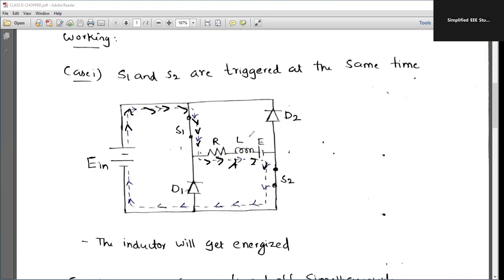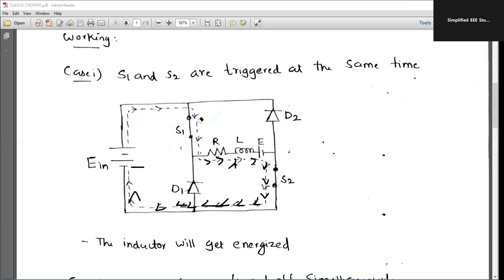So the inductor stores energy, and the inductor current ramps up. It will find a convenient path and move on to the negative end of the supply. Current flow starts from the positive end of the battery or DC supply and terminates at the negative end of the battery. This is how the current flow takes place.